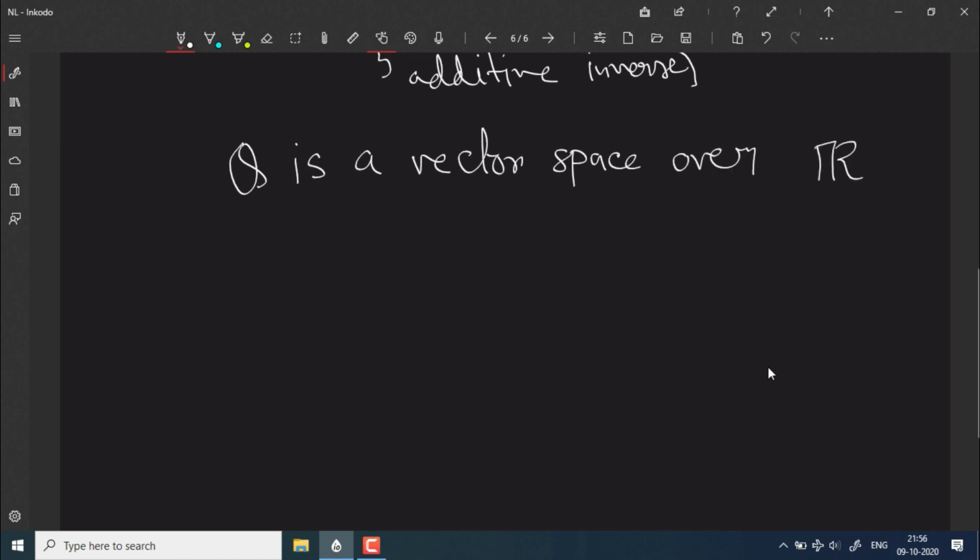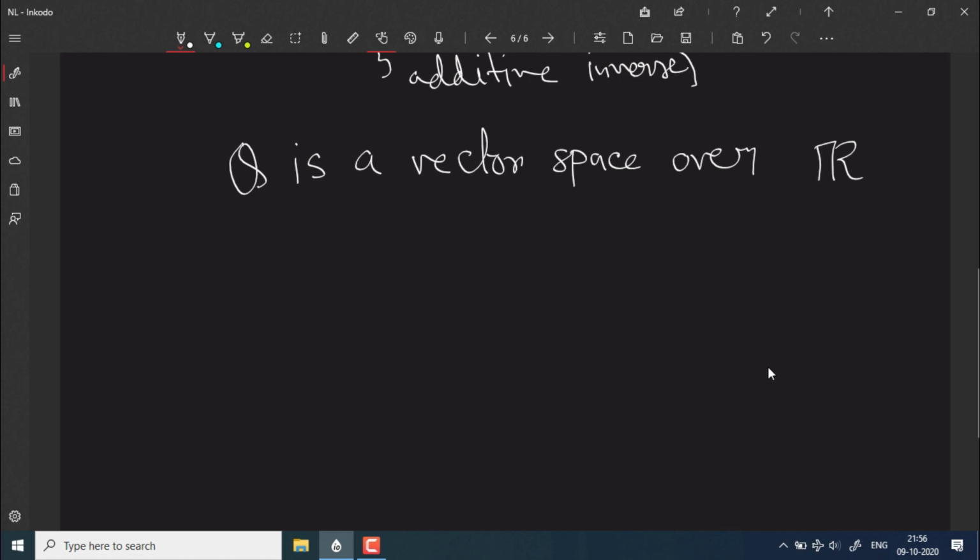R or not, then while trying to verify the closure with respect to scalar multiplication, scalar multiplication means you are picking any scalar from the field R and multiplying it with an element of Q, and seeing whether the resulting element is still a member of Q or not.